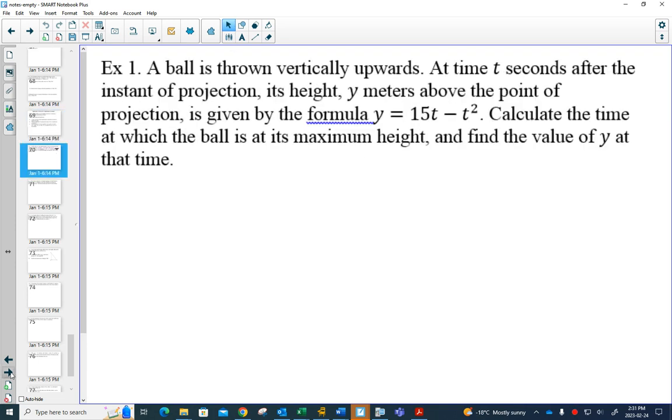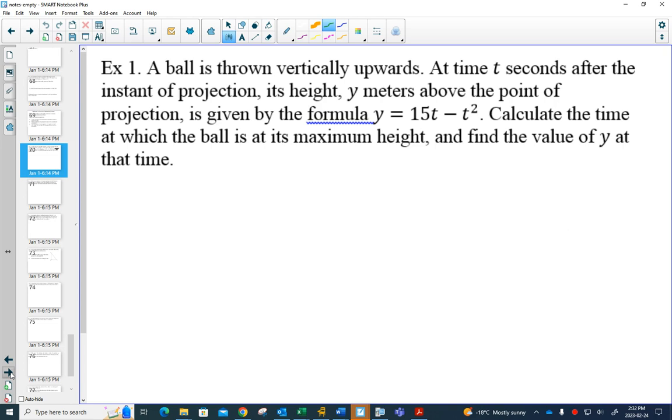So here's an example. A ball is thrown upwards at a time t seconds. Its height in meters above the point of projection is given by this formula. Calculate at which time the ball is at maximum height. So starting off in grade 11 with this parabola, you would have had to complete the square to find the vertex.